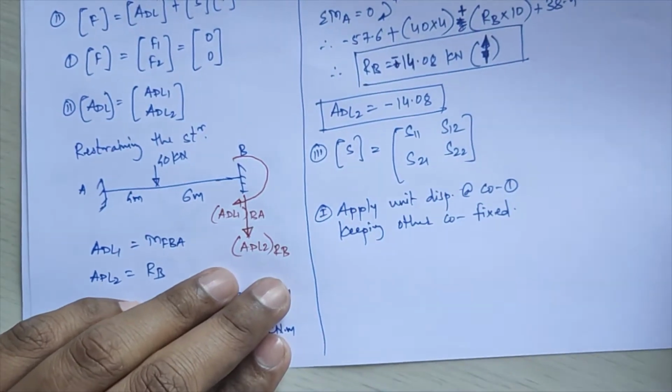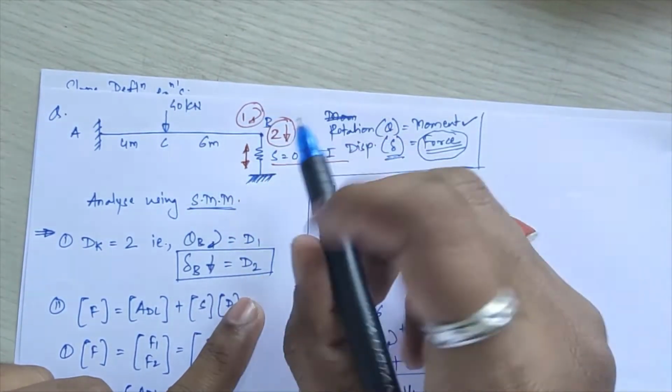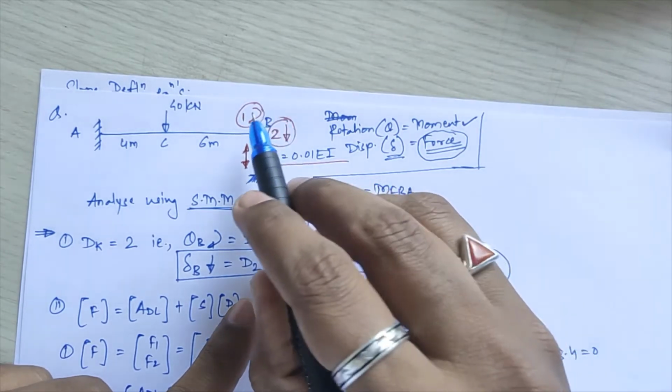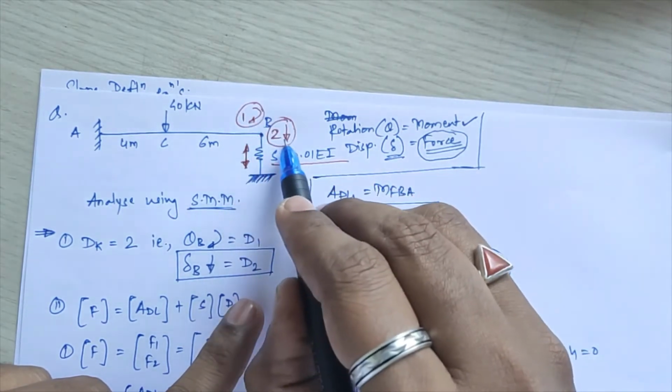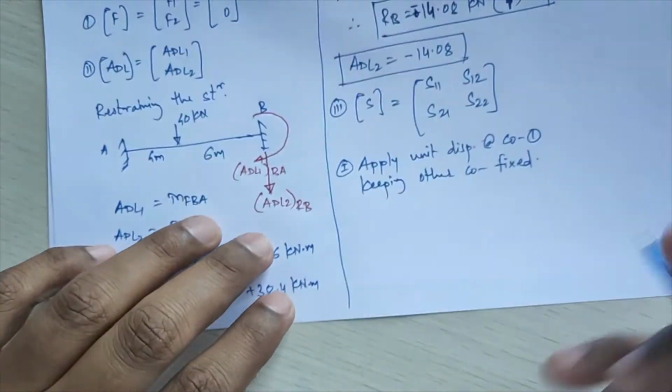Okay, that means you are having now both the coordinates at joint B over there, but what you have to do, you have to free it for your first coordinate and fix for the second coordinate over there. That means here your slope value will emerge, but your deflection value will become 0 over there. Okay, so we'll see that.